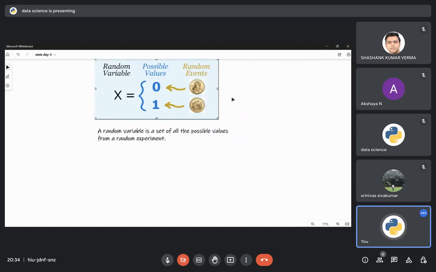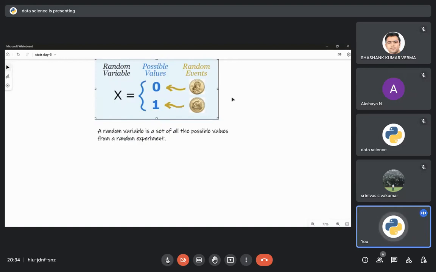And let's suppose you are throwing a die, like that Ludo dice with 6 faces. If you throw it once, only 6 possibilities are there. Either it will be 1 or 2 or 3 or 4 or 5 or 6. But it cannot be all of them at the same time.